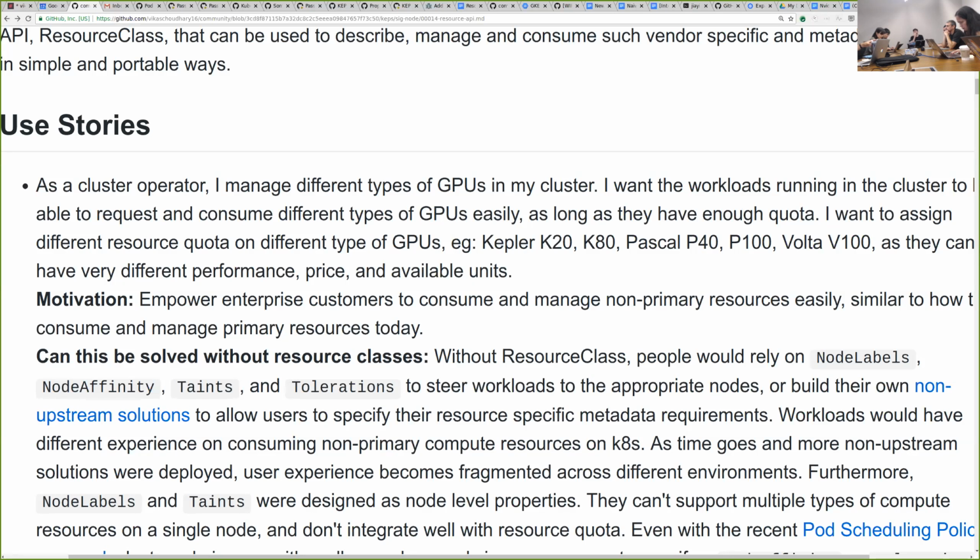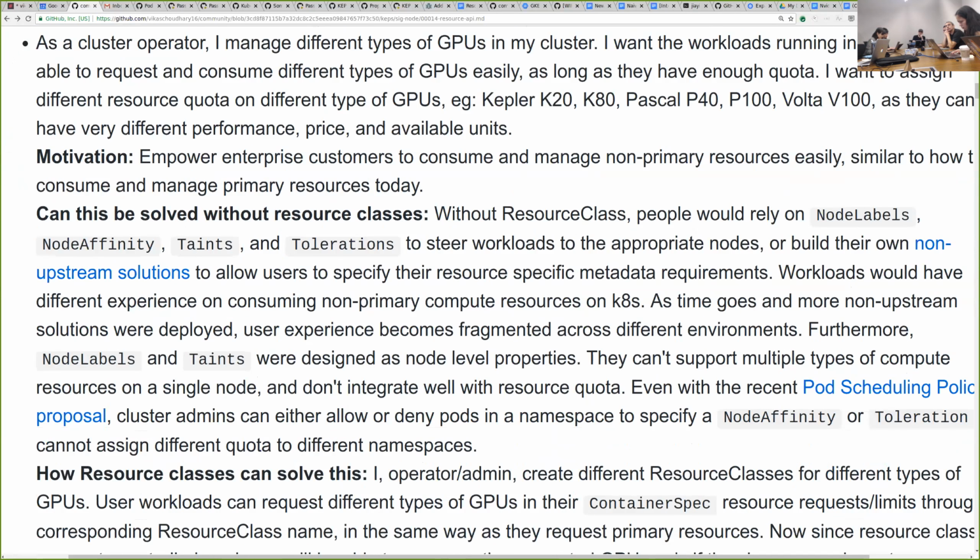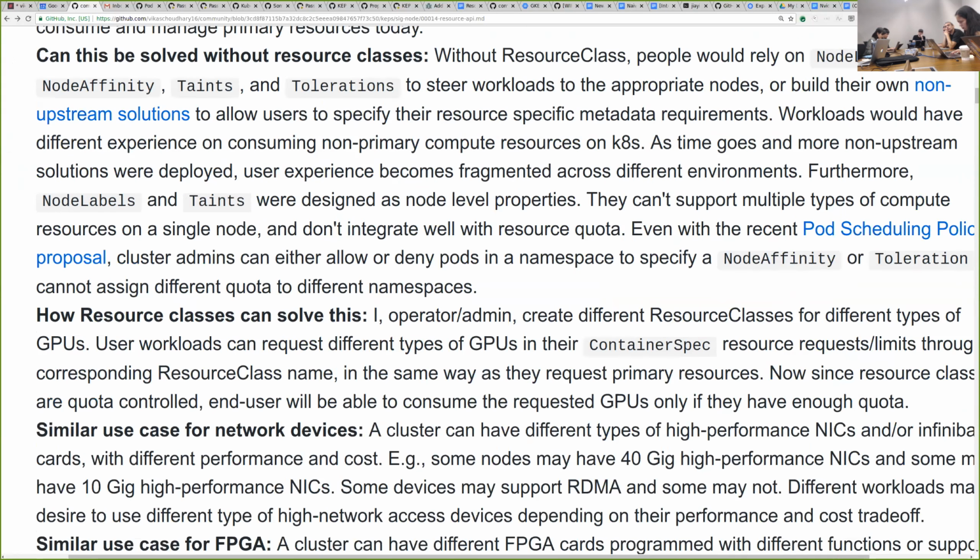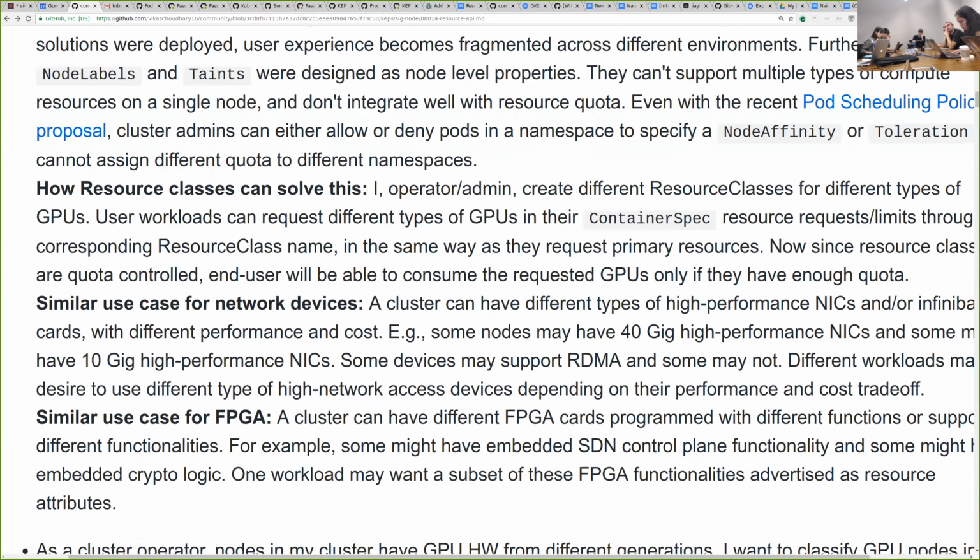And if we look at other areas like high performance NICs and also FPGA, they have very similar requirements. For example, FPGAs can be programmed with different bit streams, or they can have different functionalities, and we don't currently have a way to differentiate such different types of devices.